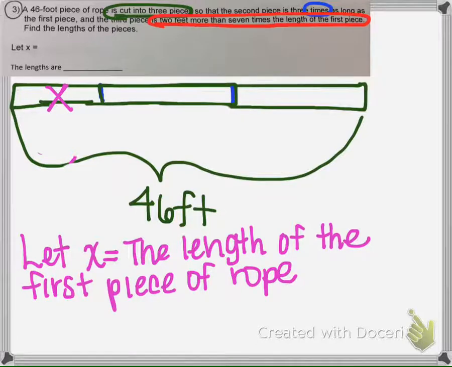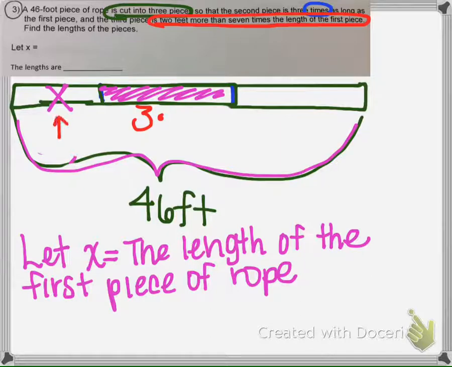Okay, so since this is going to represent x, now let's go back and read through the problem. So we have a 46-foot, right here, piece of rope. It's cut into 3 pieces such that the second piece, so this piece right here, is 3 times the first piece, which we don't know what it is, so 3x. And then it says the third piece, so this piece right here of rope, is 2 feet more than, like if I had 5 and then I had 2 more than 5, it would be 7, right?